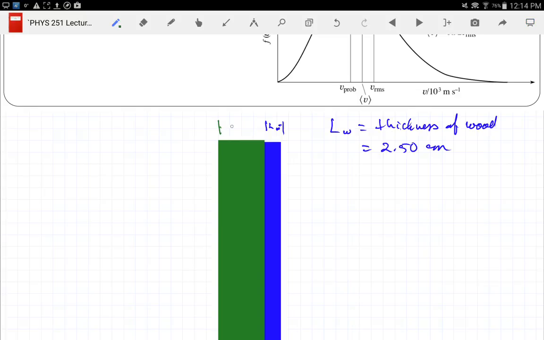And then this here I'll call LC for the length of concrete. Thickness once again, and that was equal to 15.0 centimeters. And then they give us the thermal conductivity: concrete has a 1.70 watts per meter degrees Celsius.